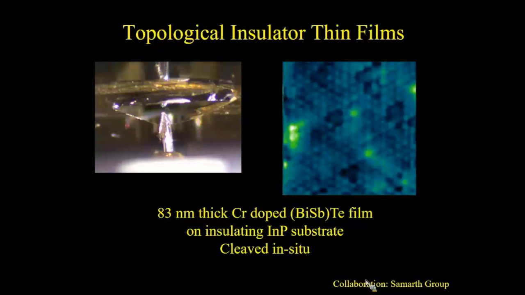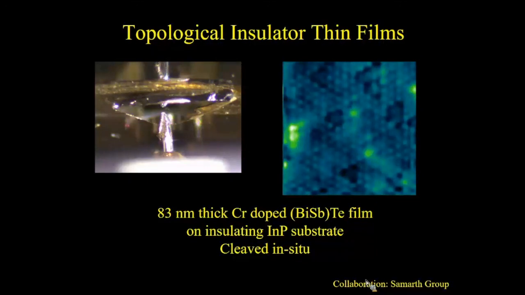Here's another material. This is in collaboration with Penn Samar's group. So this is 83 nanometer thick chromium doped bismuth telluride, and it's sitting on an insulating substrate. So this actually provides a challenge to STM, because STM, of course, needs conduction in order to work. And so if you're on an insulating substrate, you have to actually make contact to the film, which is on top. And the way we do that is fairly straightforward.